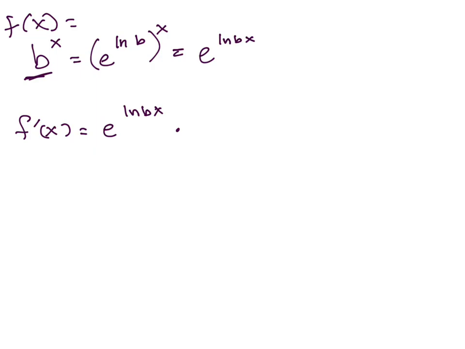It's a number. b is not a variable. e is not a variable either. I see 3 letters, but I only see one variable, and that's x. So the derivative of x is going to be the stuff in front, the coefficient, which in this case is what? Natural log b.